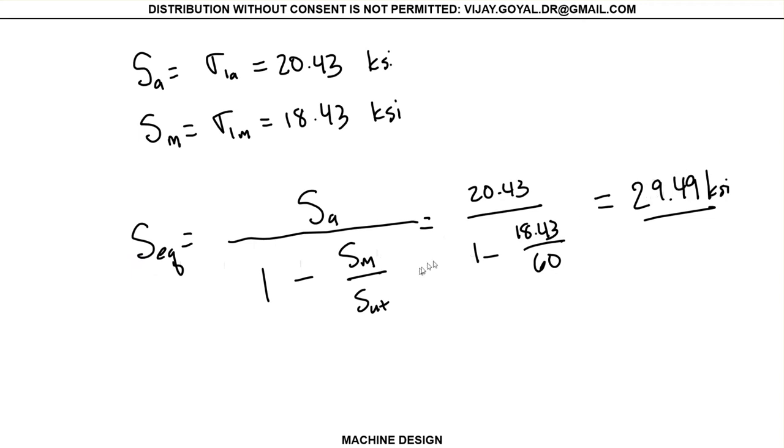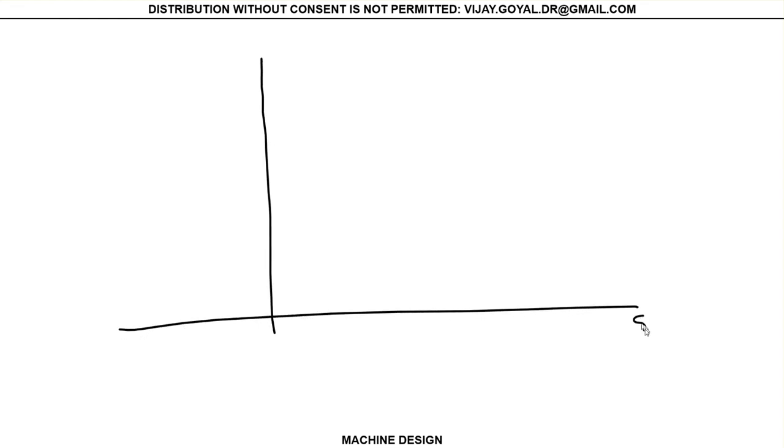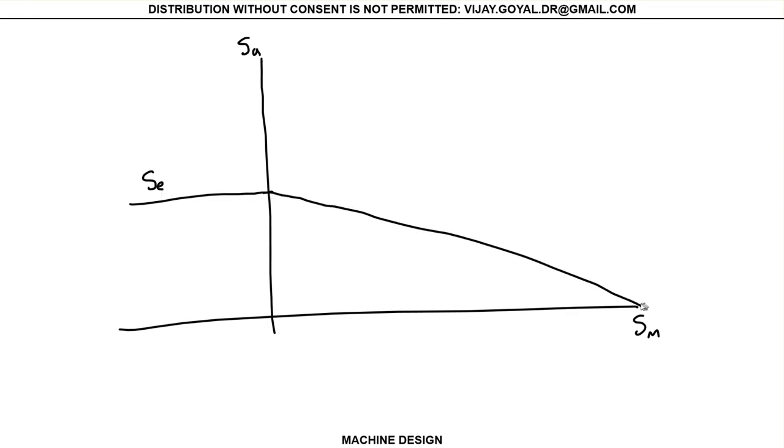So now what we need to do is build the diagrams. Okay, the first plot you want to do is plot SM versus SA. In order to plot this, I need my endurance limit, so I can plot this value, and I know that this value is 60 because that is my SUT.